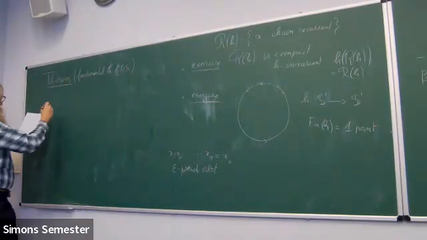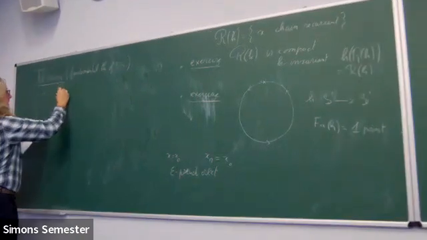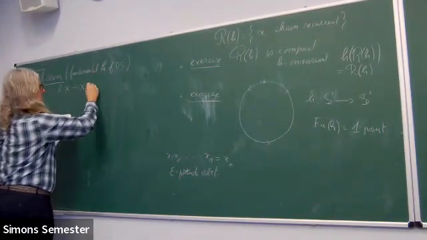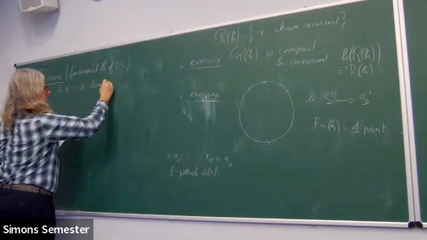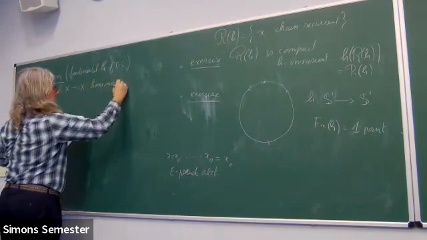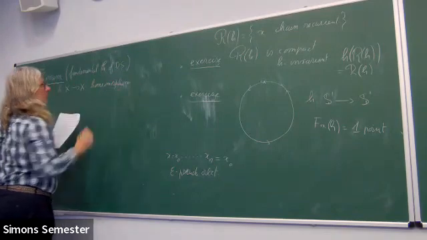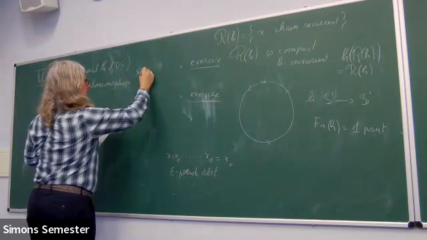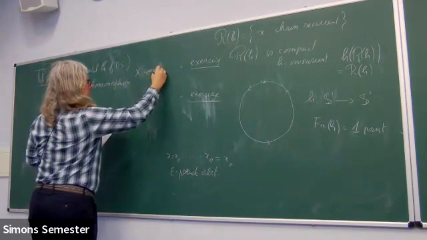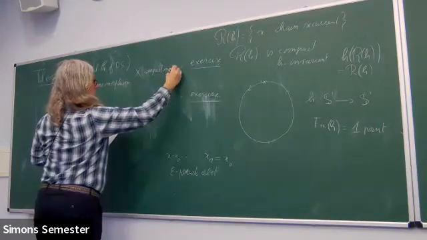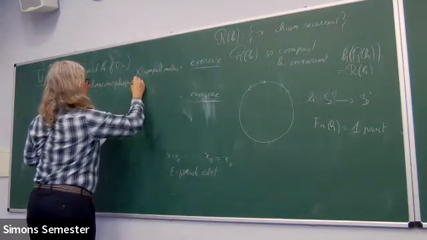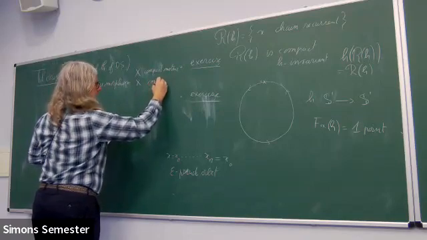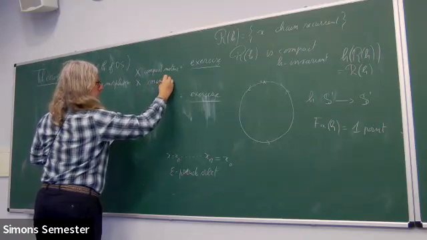So you have h from X to X, a homeomorphism. I will give two versions of that: either X a compact metric space, or X a smooth manifold, compact manifold, or closed manifold.